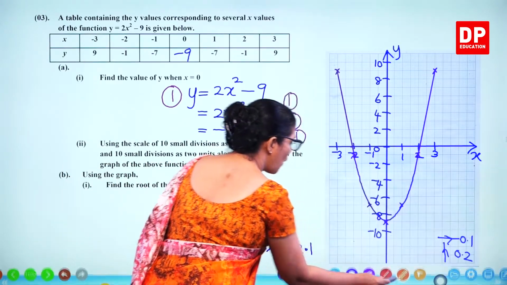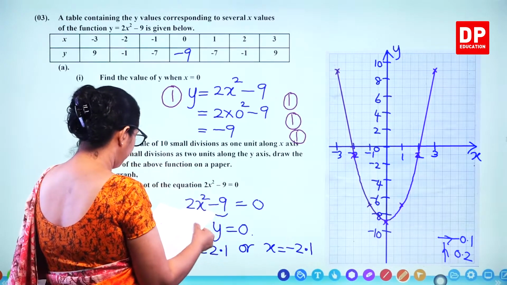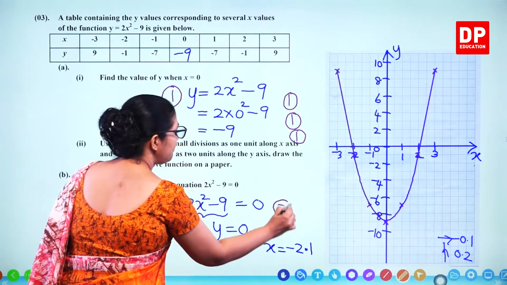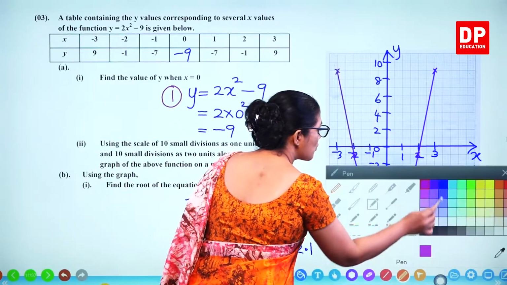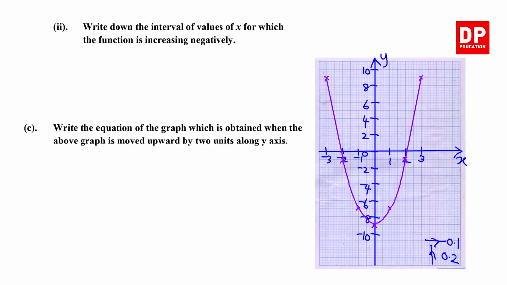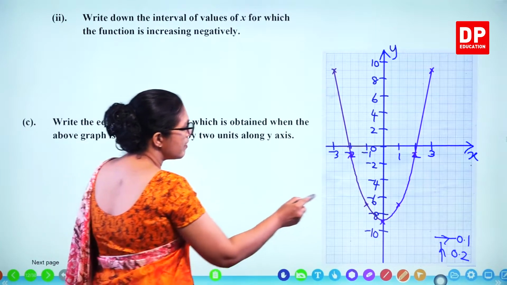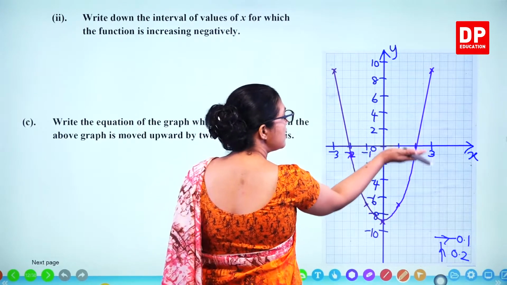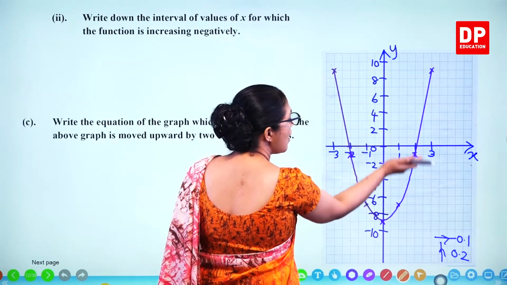So how many marks for that one? You are getting 2 marks. So let's do the next one. Part 2, write down the interval of values of x for which the function is increasing negatively. Increasing is this way, but increasing negatively means the y values are negative.